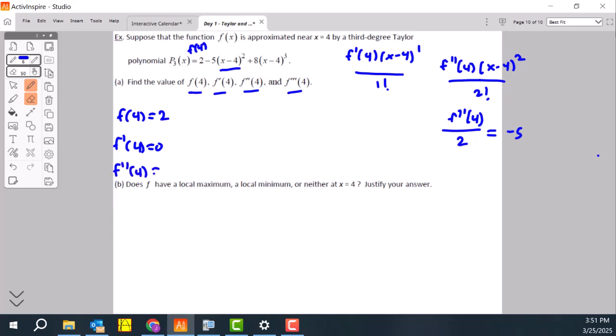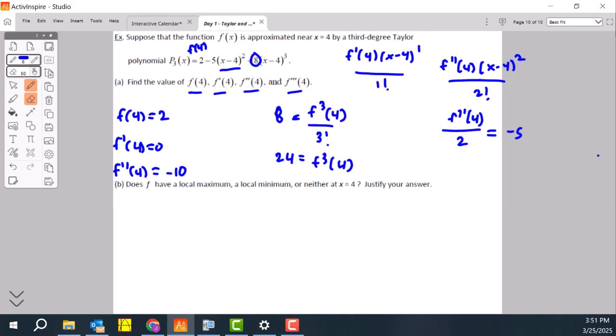So f double prime of 4 is negative 10. Then the same thing with the third derivative. We know that the 8 here at the end should be f triple prime, the third derivative of 4 over 3 factorial, because the x minus 4 cubed is just its own thing. So that means this should be 24 is equal to the third derivative at 4.